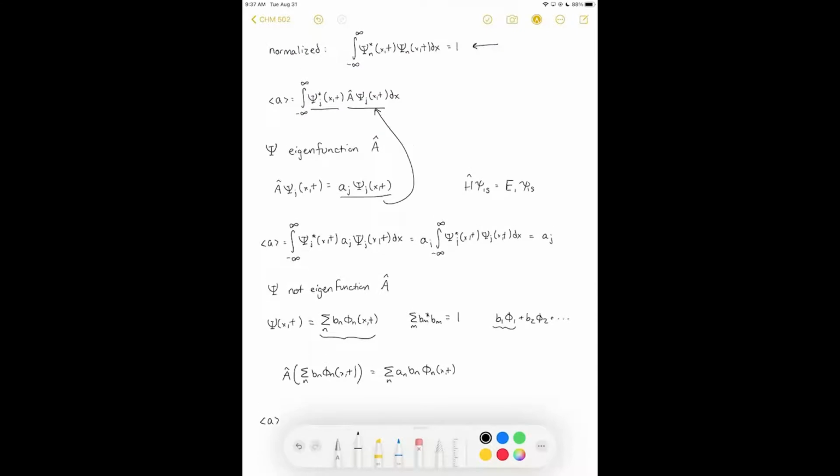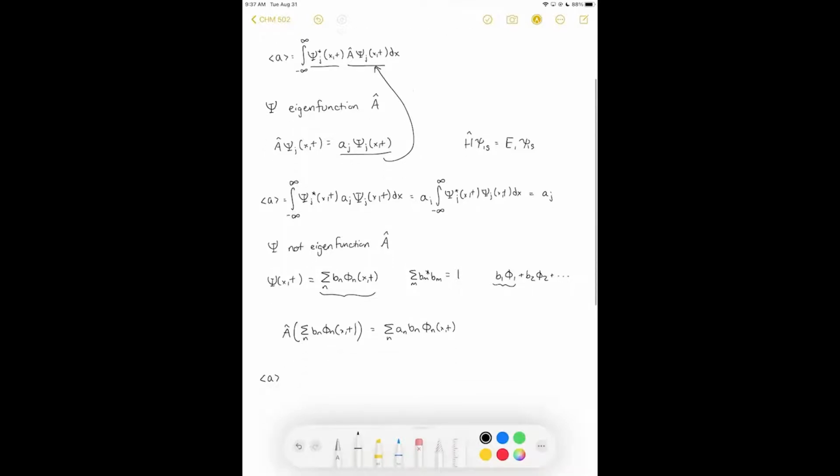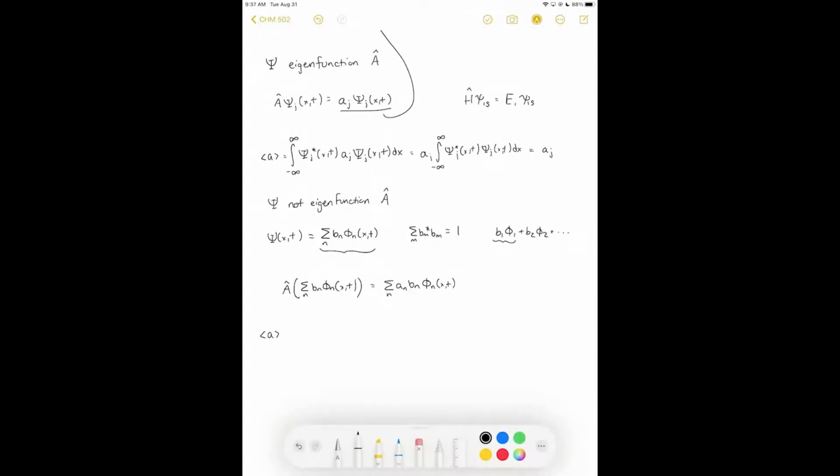So for us then, that means that our expectation value, we'll go back up here, is equal to the complex conjugate of that function times what we've just done after operating on that function with our operator. So our expectation value is going to be the integral from negative infinity to infinity, and we'll split this up. Our function we're representing as the sum over m, and we're changing the index here because we're going to have m's and n's.